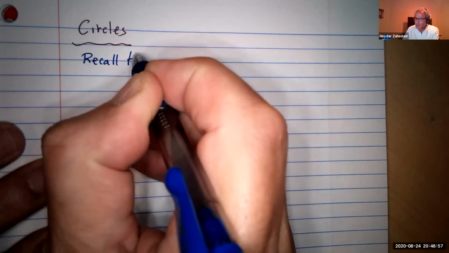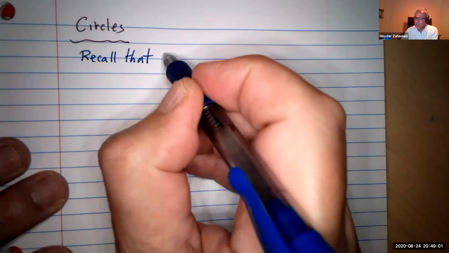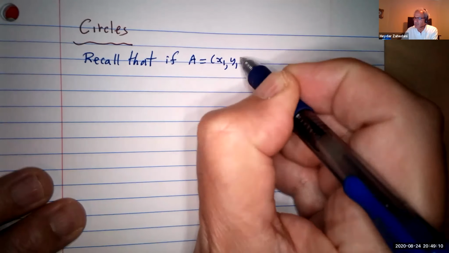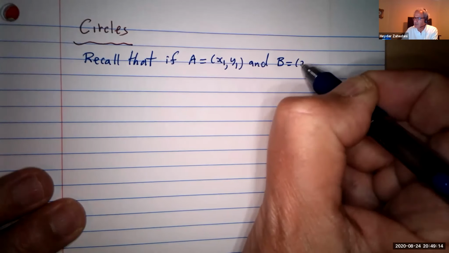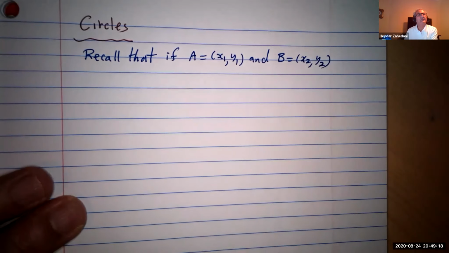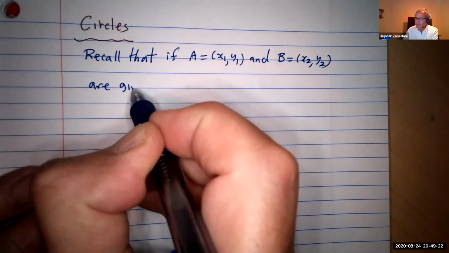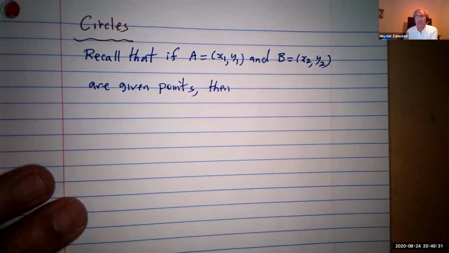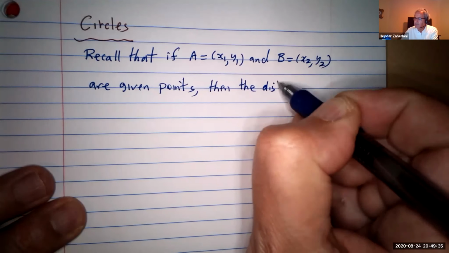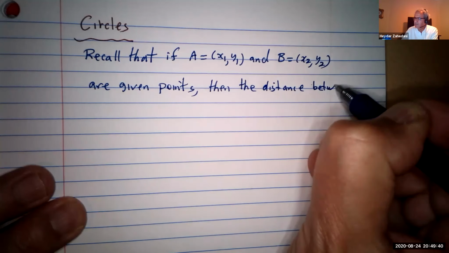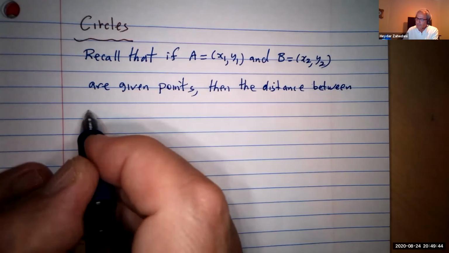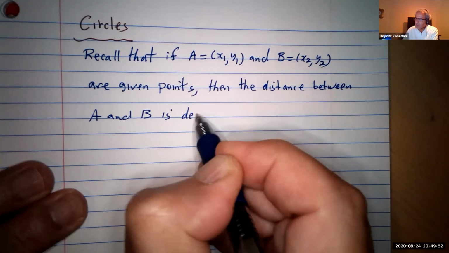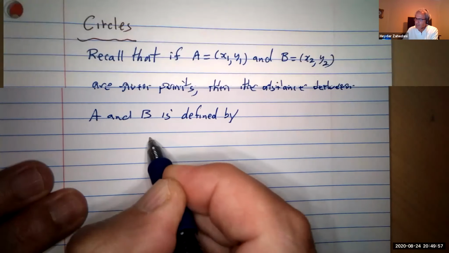Recall that if 2 points are given to you, let's say A is equal to (x1, y1) and B is equal to (x2, y2), then the distance between A and B is defined by what we call the distance formula.